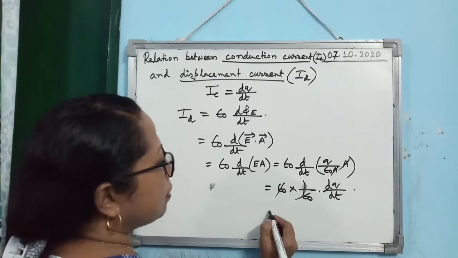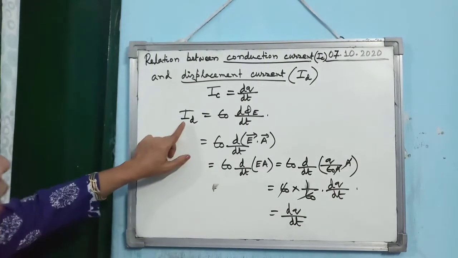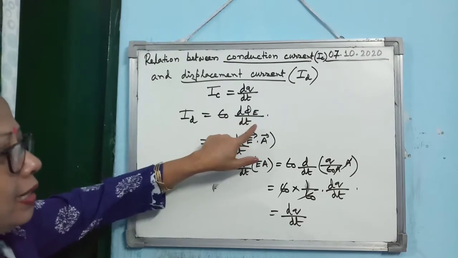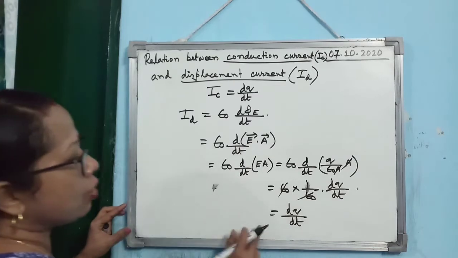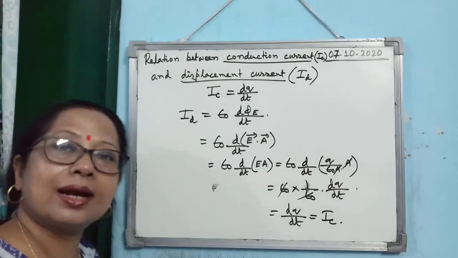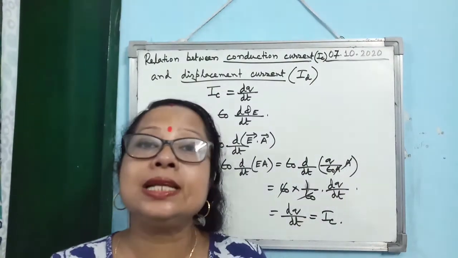So epsilon naught cancels, and you are getting dq dt. So I_D, although the original expression is epsilon naught d phi E dt, from our concept is also dq dt. It means displacement current and conduction current are actually the same in magnitude.